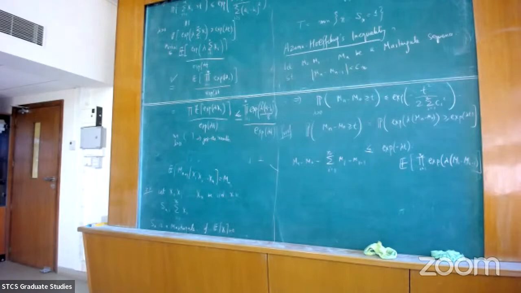If I condition on x1 through xn minus 1, what do I know about them? The conditional expectation of x given x is nothing but x. So I have n random variables sitting there. If I were to condition with respect to n minus 1 of them, you should get something like this.